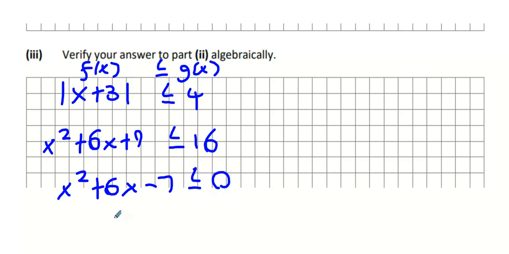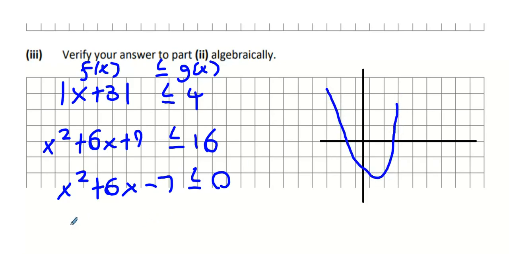Okay. What type of graph is this? Lads, it's U-shaped. And you also know it has to be the same answer as part 2. And we need to know where it crosses the axis. So I think it crosses the axis at -7 and 1. So you factorize that.